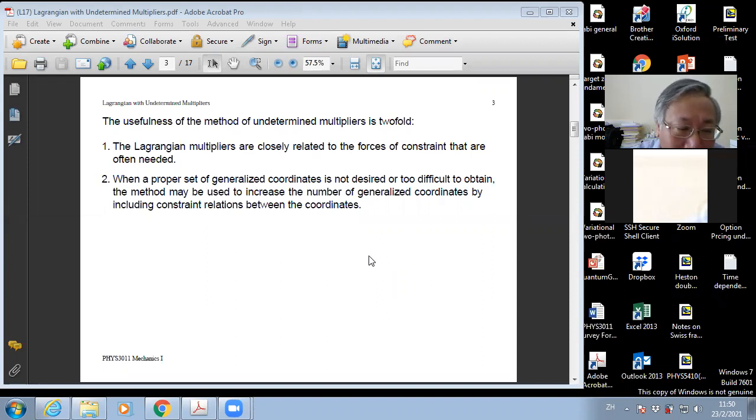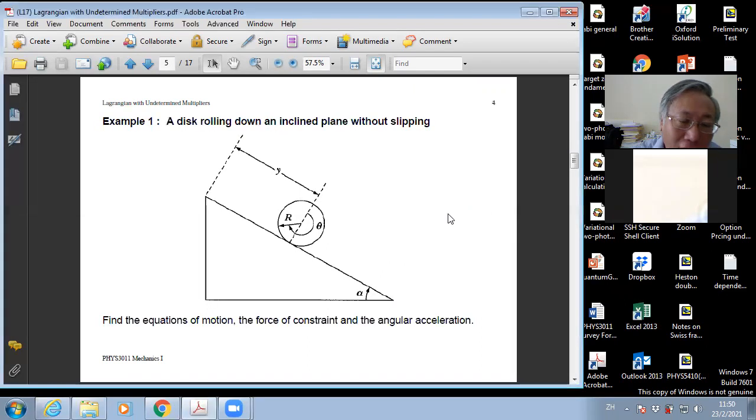Okay, so let's try to understand. I think the way to understand the method of undetermined multipliers in the Lagrangian formulation is through examples. The first example: we have a disk rolling down an inclined plane without slipping, as shown in the diagram.